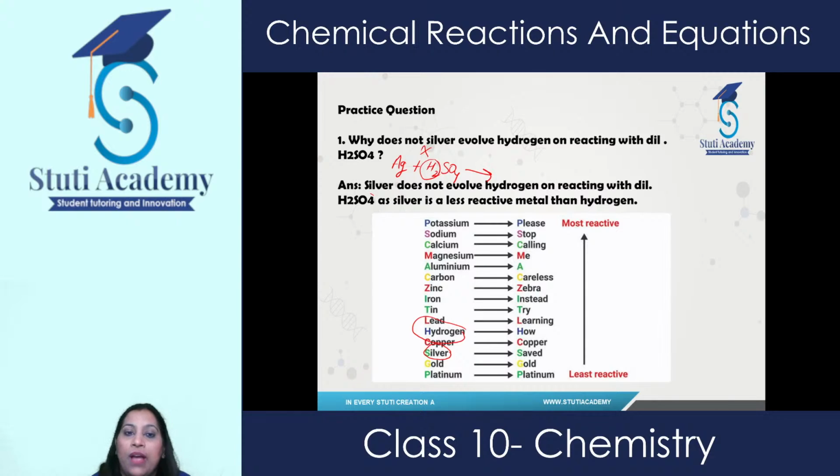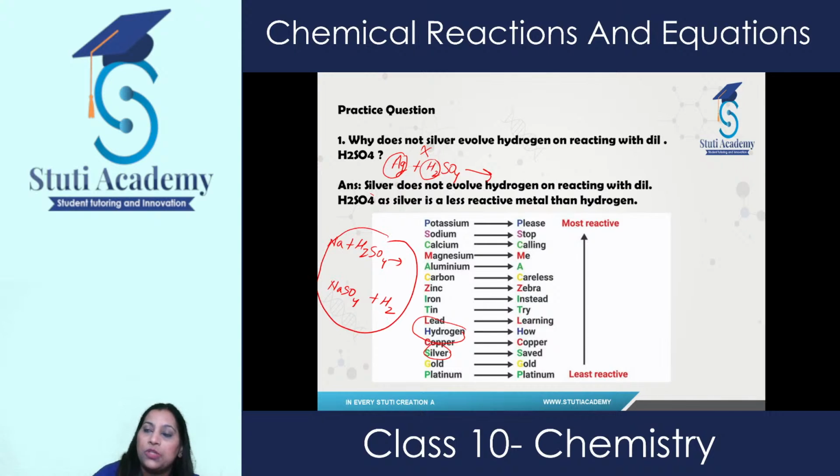If in place of this silver, any other metal is present, for example potassium, or suppose we have sodium, it can easily displace hydrogen, and the reaction will be like this. In this case, hydrogen gas is evolved. So I hope this question is clear to you.